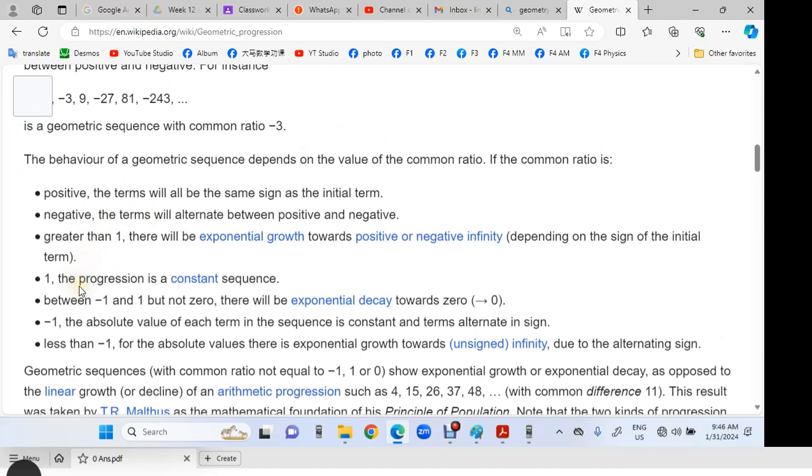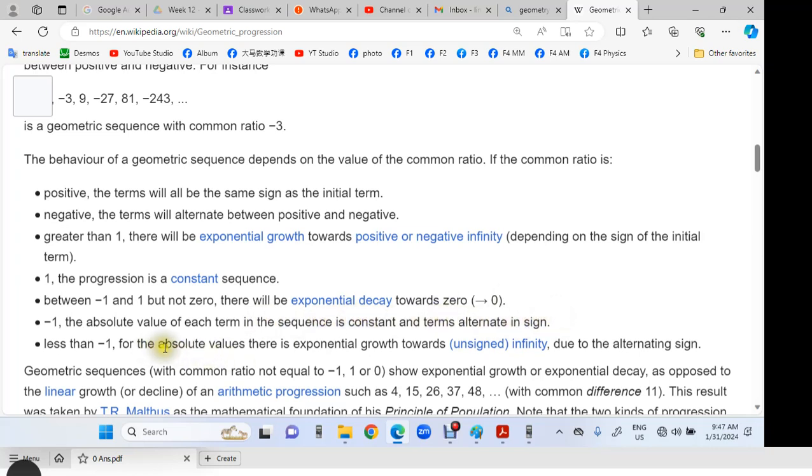If R is between negative 1 and 1 but not 0, then there will be an exponential decline towards 0. Sum to infinity will be the next topic. For negative 1, the absolute value of each term in the sequence is constant and the terms alternate in sign.